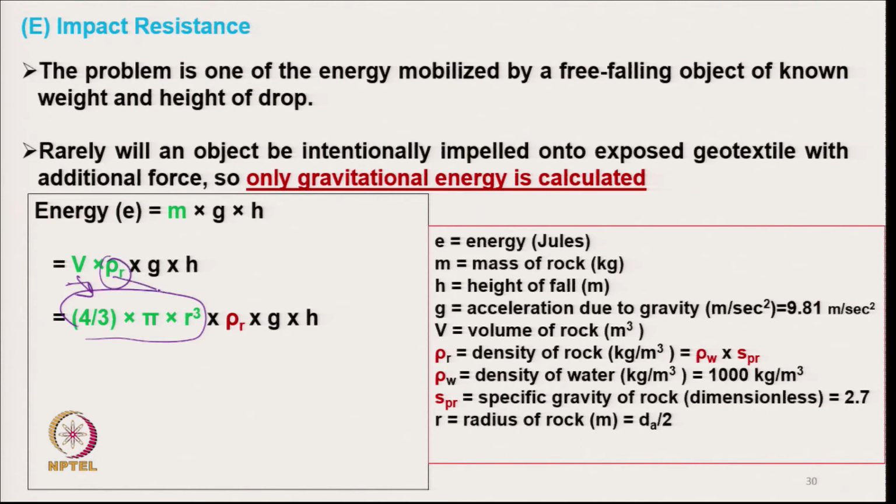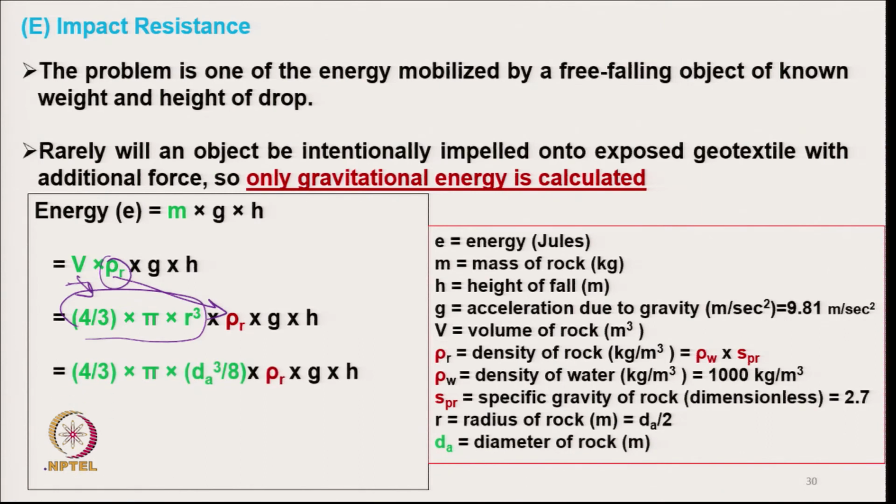Rho r is the density of rock, and by rearranging we get the value of r cube, the radius cube. So, d cube, where d is the diameter of rock, and from here we can calculate.